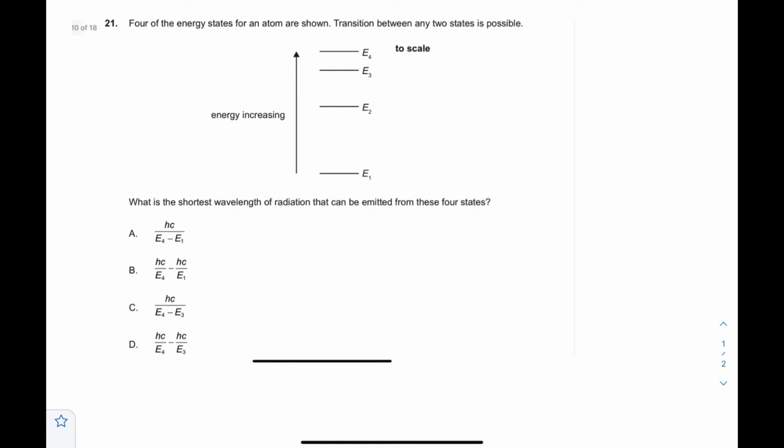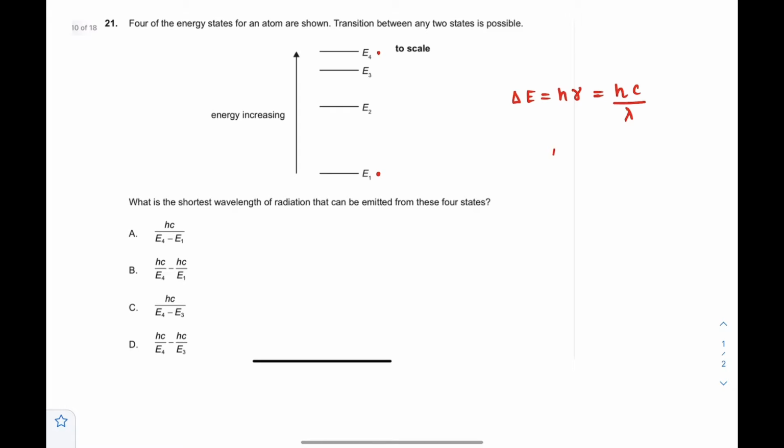So when a particle jumps from one energy state to the other energy state, it releases energy, right? And that energy is given as delta E is equal to h nu. So what is nu? Nu is the frequency. And the frequency can be written as c by lambda, where c is the speed of light and lambda is the wavelength emitted.